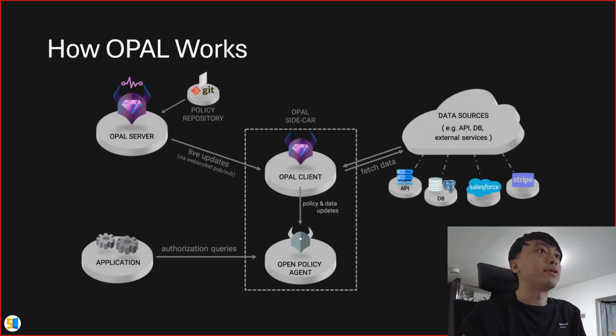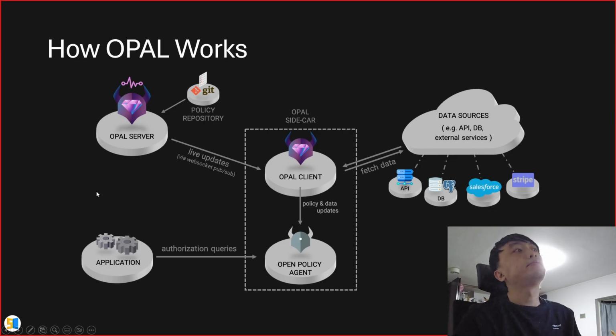So how does OPAL work? OPAL components are server and clients. It consists of a server and clients. The server's responsibility is to ensure that the clients have the latest policy that we put in the repository.